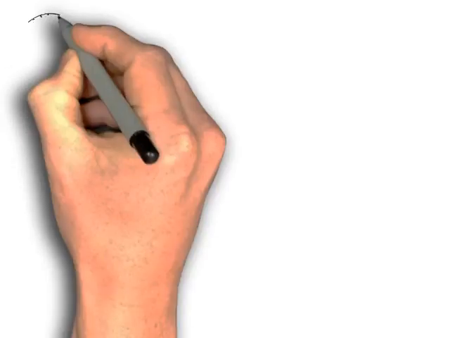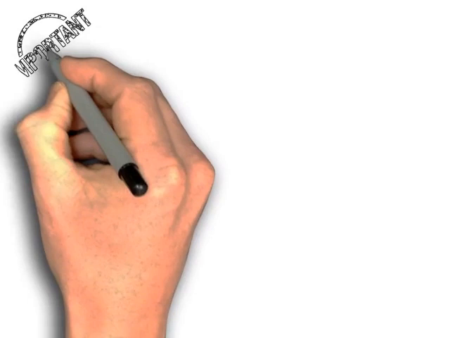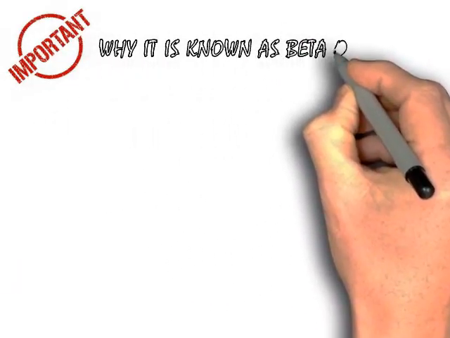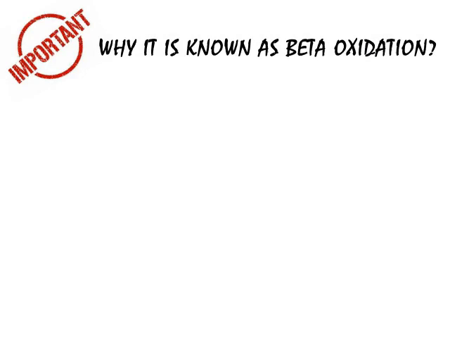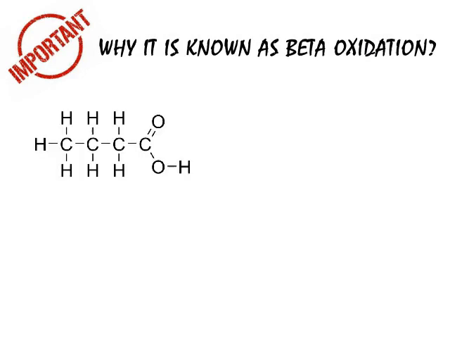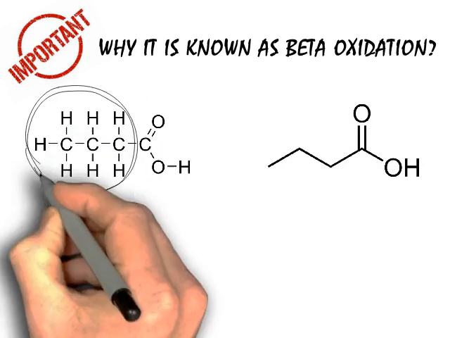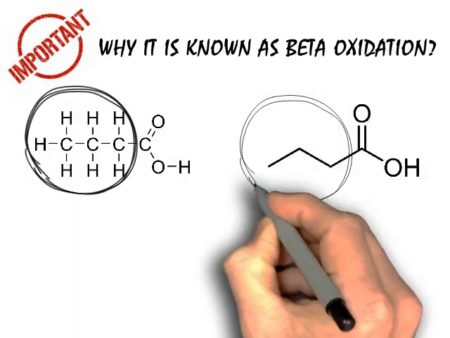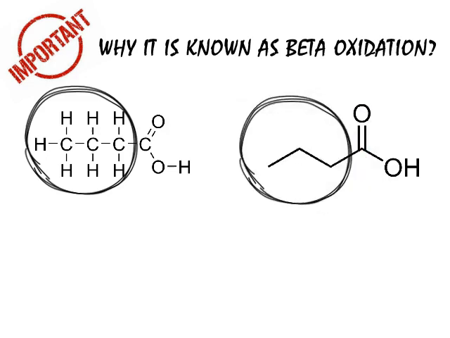Now, there is a very important point. Now the question arises why this process is known as beta oxidation. To understand this, we have two images on screen which depict the structure of a fatty acid. As we all know, fatty acids are composed of a long carbon chain and a functional group attached to it, that is the carboxyl group.